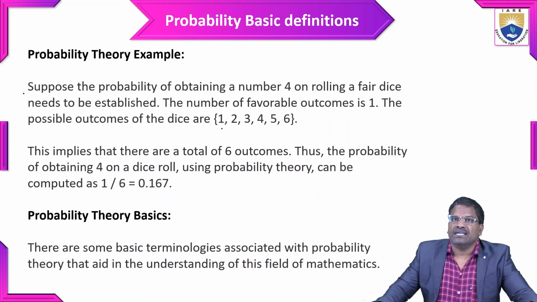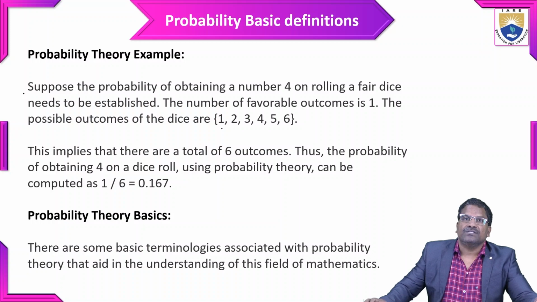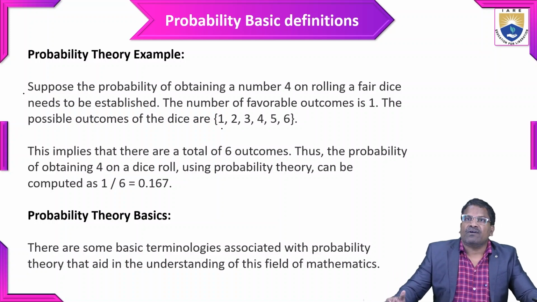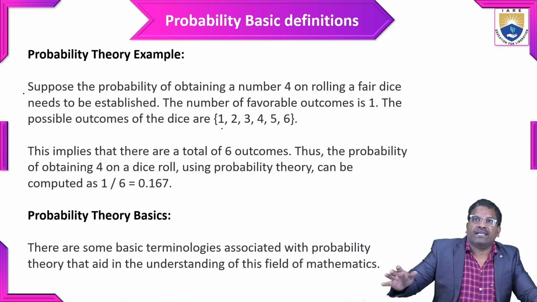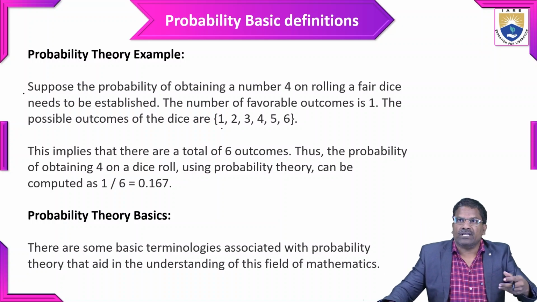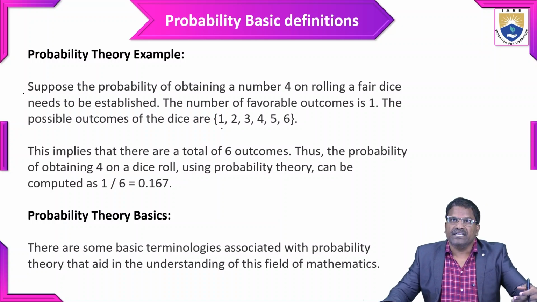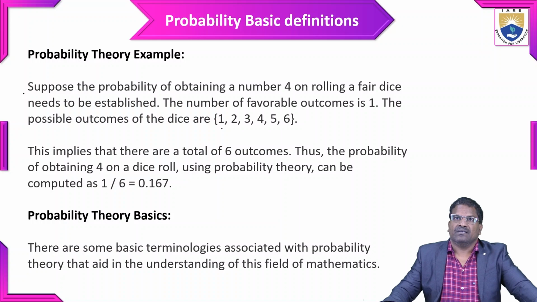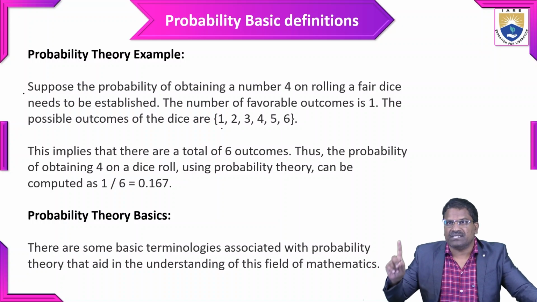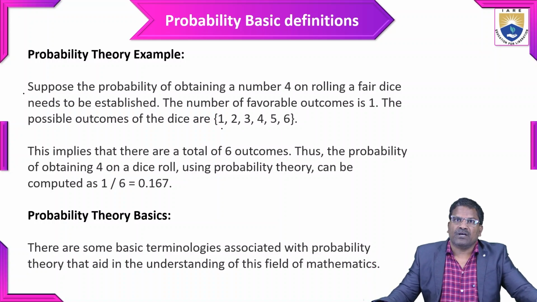Probability theory, let us see some examples. Suppose the probability of obtaining a number 4 on rolling a fair dice needs to be established. The number of favorable outcomes is 1. The possible outcomes of the dice are 1, 2, 3, 4, 5, 6.